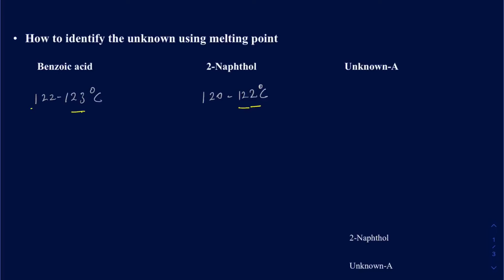And then you're given a compound A, and this compound A happens to melt at 121 to 123 degrees Celsius. Now I can't really tell just based on the melting point if it's 2-naphthol or benzoic acid, because they both have almost the same melting point. So what can you do to figure out if unknown A is indeed 2-naphthol or benzoic acid? You can make mixtures.